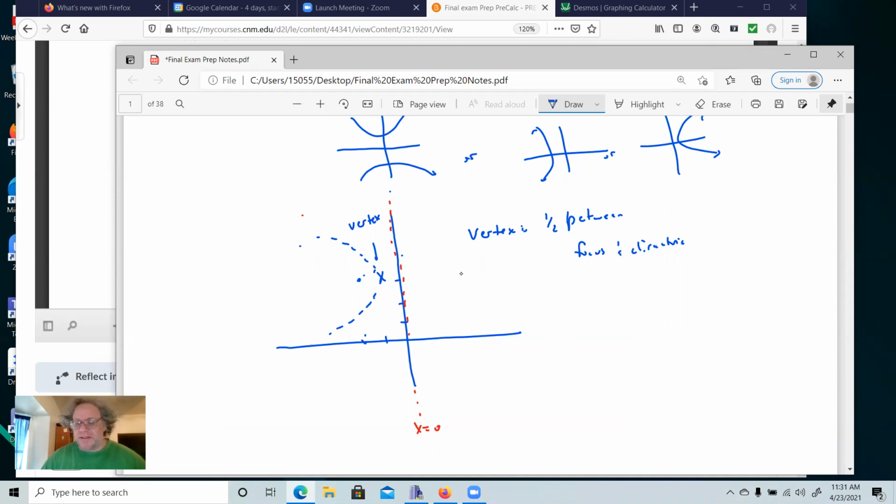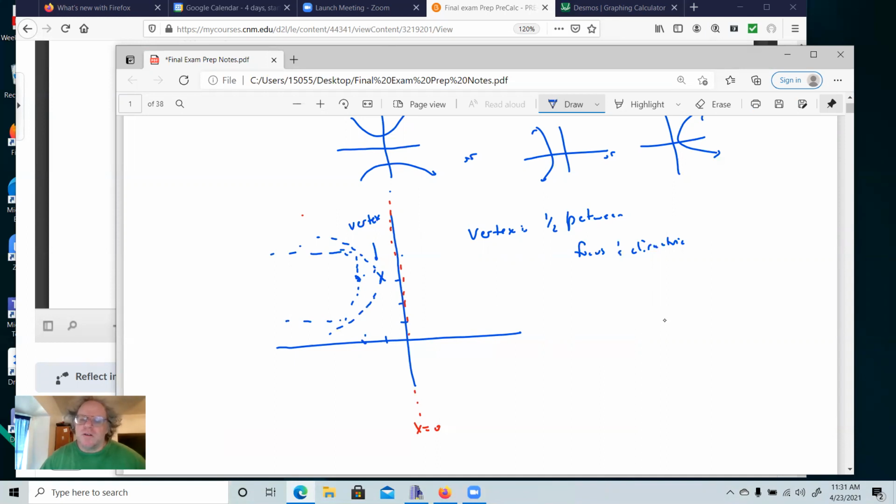And what tells me that it's facing the negative direction is that the parabola needs to wrap around the focus. The whole point here is that light or something coming in is going to redirect all of these points to the focus. So that's what's going on there.